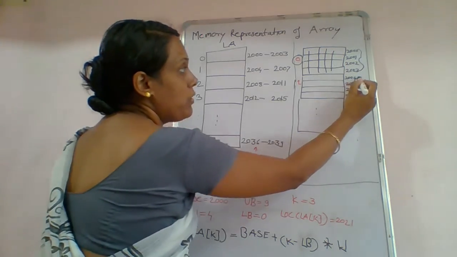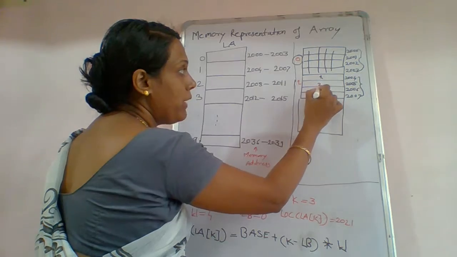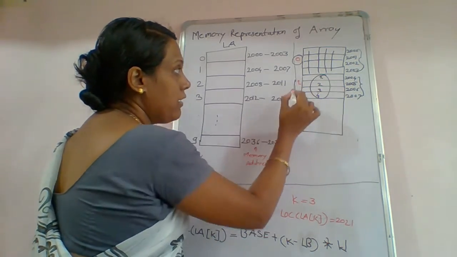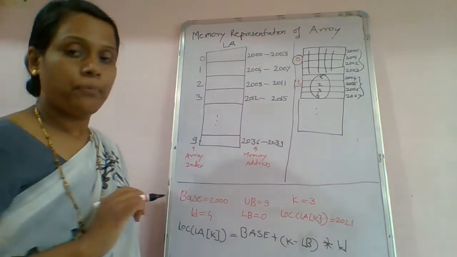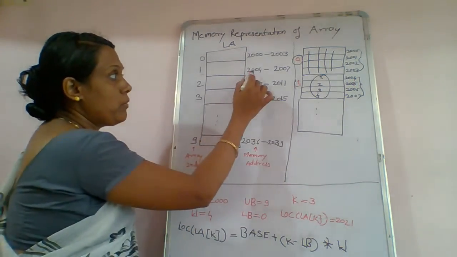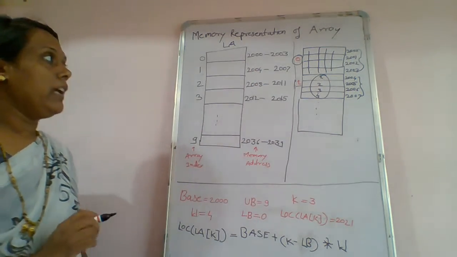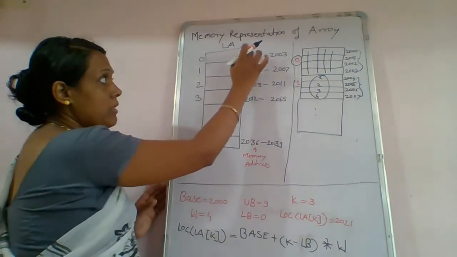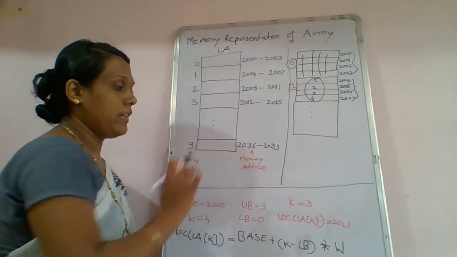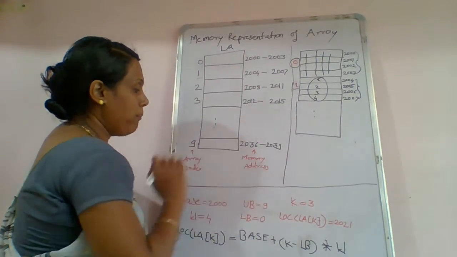Then 2004 to 2007, again 1 byte, 2 byte, 3 byte, 4 byte. That is a total of 4-byte data located at index 1, from 2004 to 2007. Now in an array, the first address is the lower bound and the last address is the upper bound.